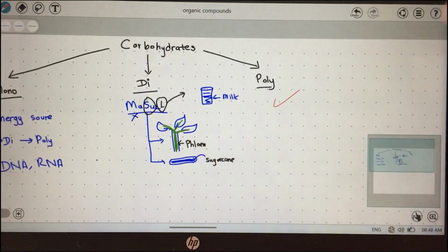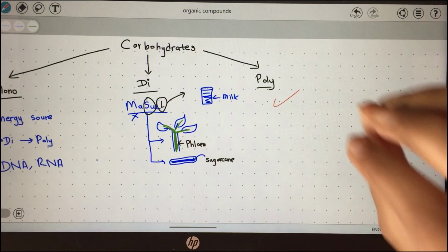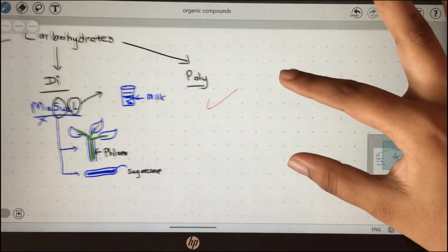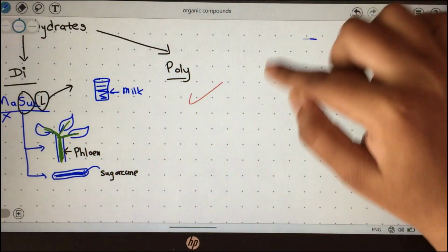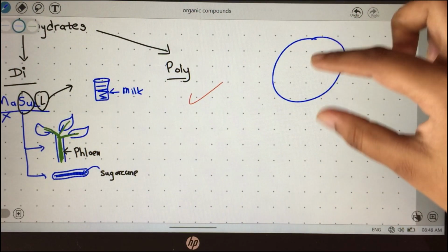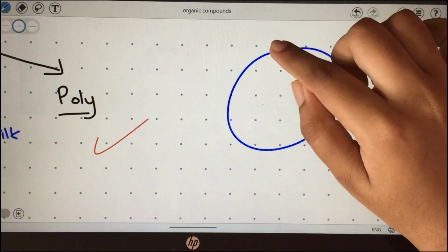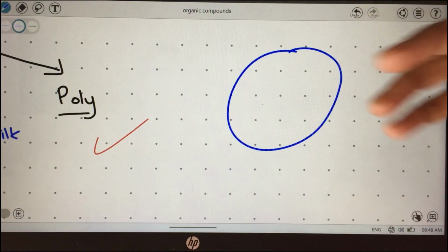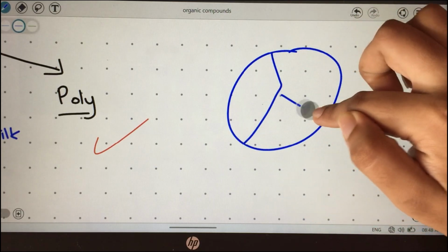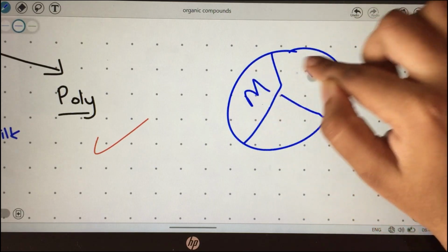So that's it for carbohydrates. Now, carbohydrate seems like a very big topic, and if you are going to normally study it, it's going to seem like a big chunk. But you broke it down. How did we first break it down? Firstly, we broke it down into 3 types: mono, di and poly.